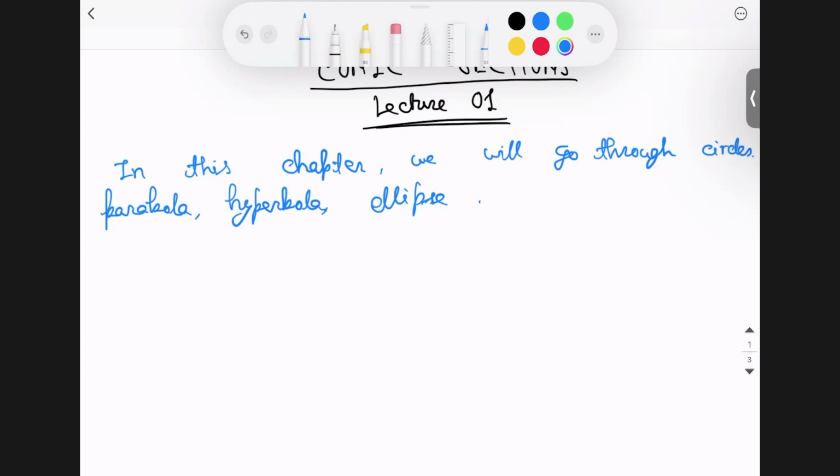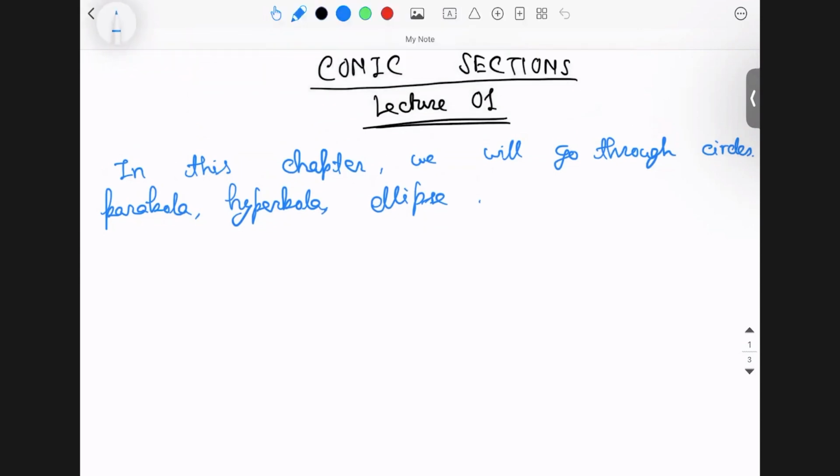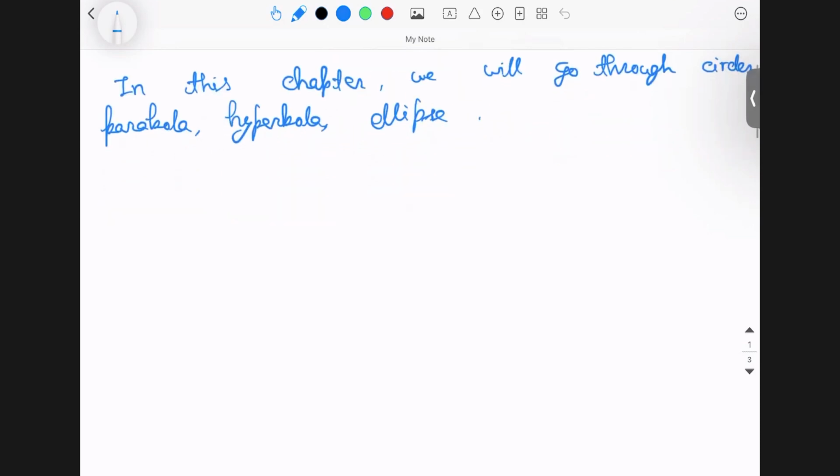Before going further into the circle, parabola, hyperbola, and ellipse individually, we should understand how we can geometrically obtain them.